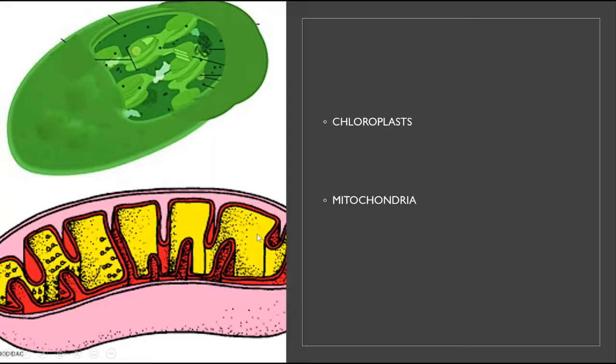Now the answers to this question have a lot to do with where and how it is formed, that we eat veggies and we get a lot of energy. So actually the two important organelles that play a very important role here are the chloroplast and the mitochondria. Why chloroplast?